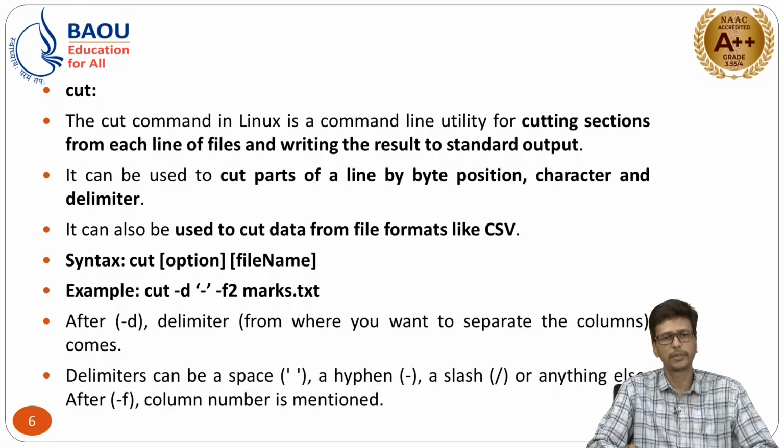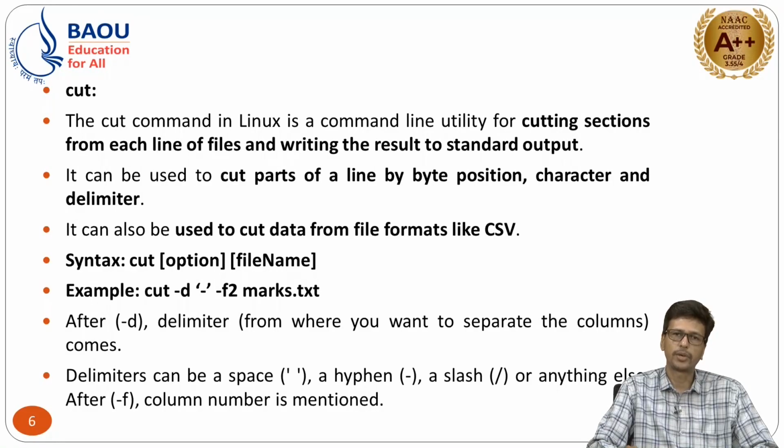Here in the example, cut, then -d, where d is the delimiter. The fields in the file are separated with a symbol, and you specify that symbol here, whether it is a colon, hyphen, or semicolon, in single quotation.